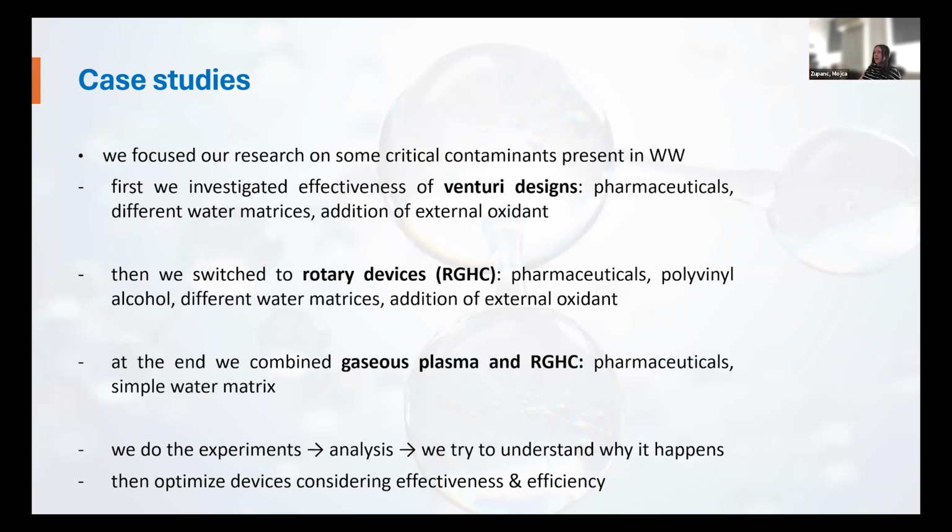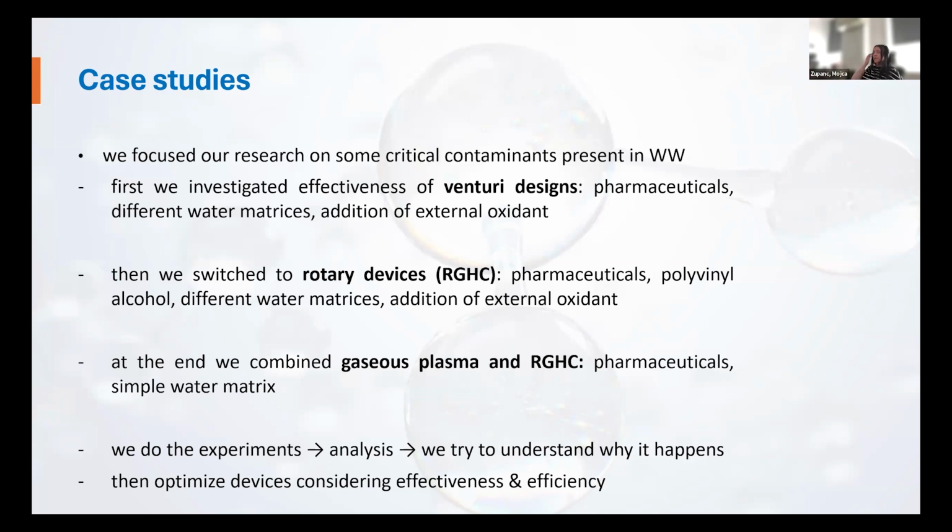We tested the effectiveness of the device in different water matrices, and we also tested the effectiveness with the addition of external oxidants. Then we switched to rotary devices, where again we tested the device on the same pharmaceuticals as in the Venturi design. Later on, we also tested it for the degradation of polymeric chains of polyvinyl alcohol.